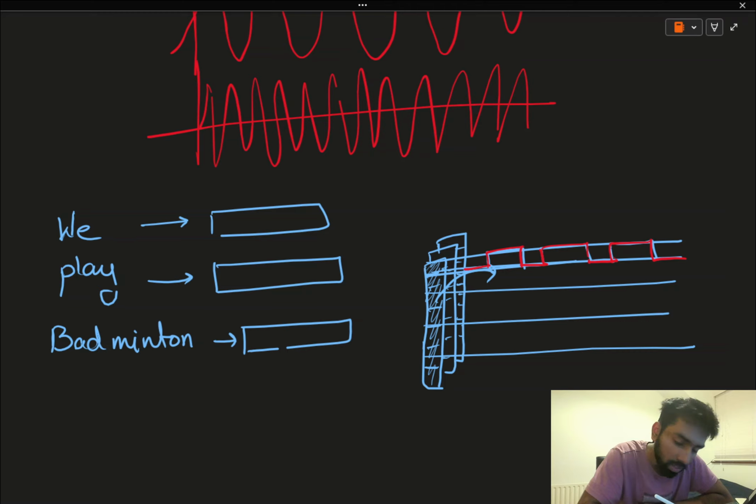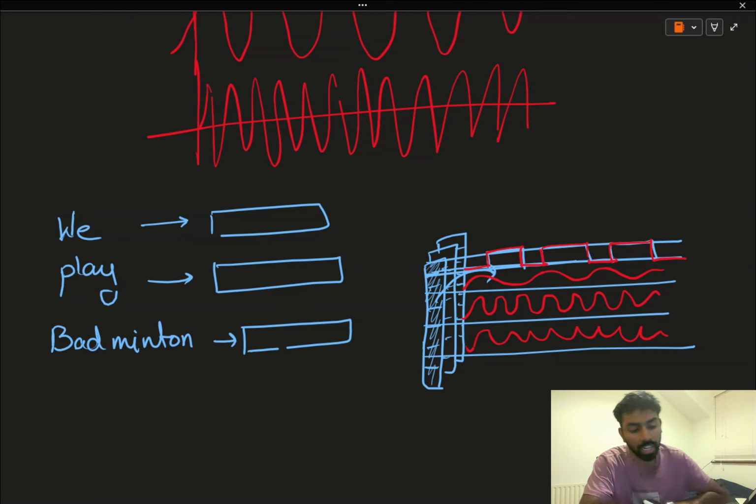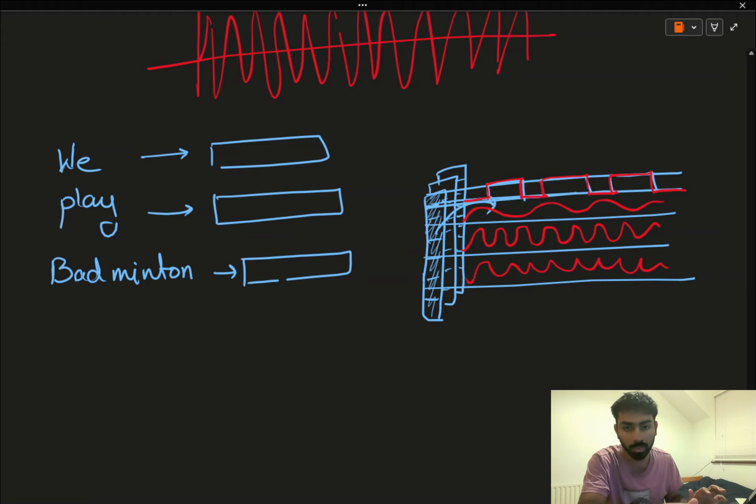Okay, now the other one becomes a different frequency, the other one comes out in a more frequent different frequency, the third one is again a different frequency, like that. So now every dimension in a word is of a different frequency.